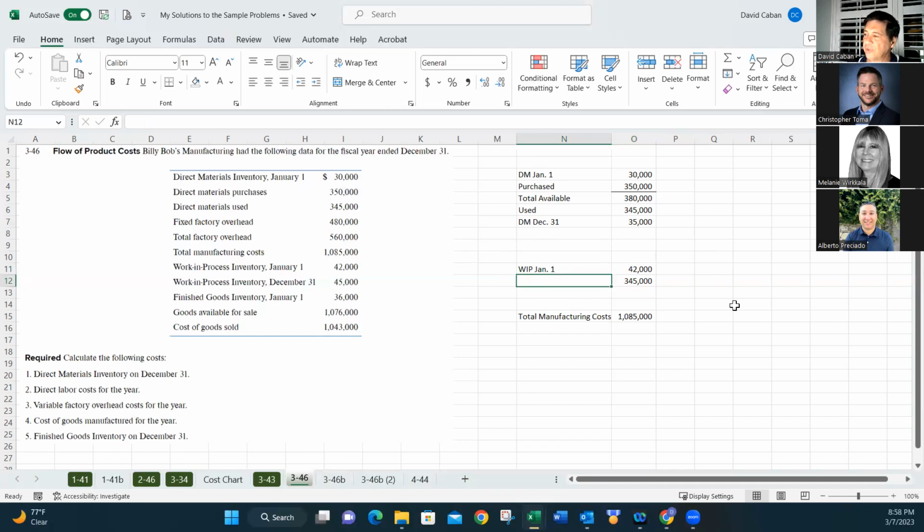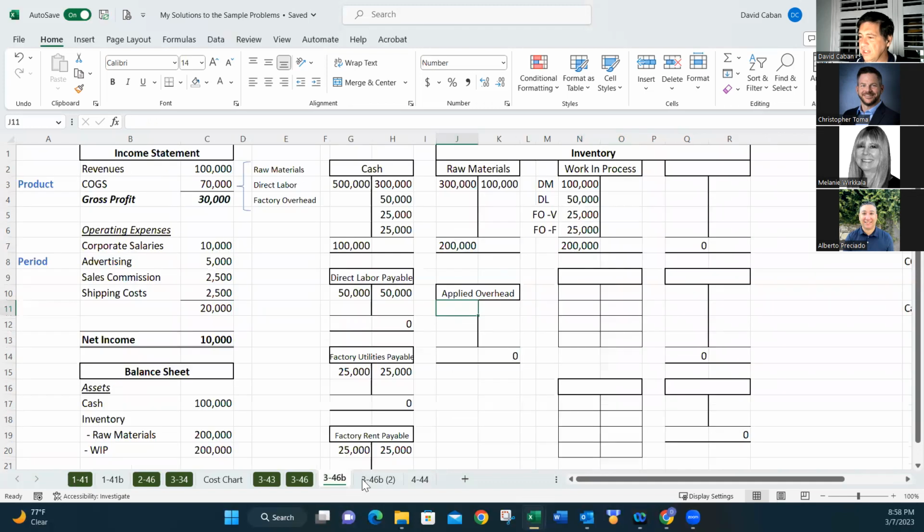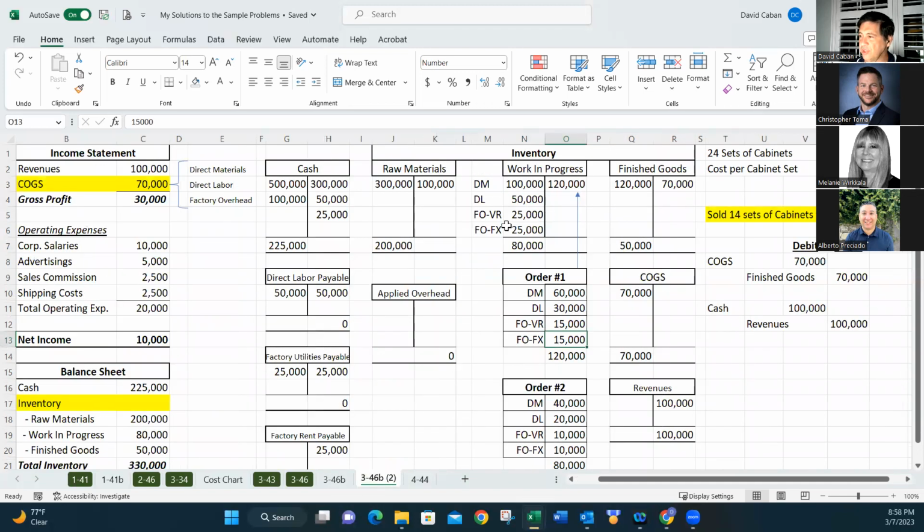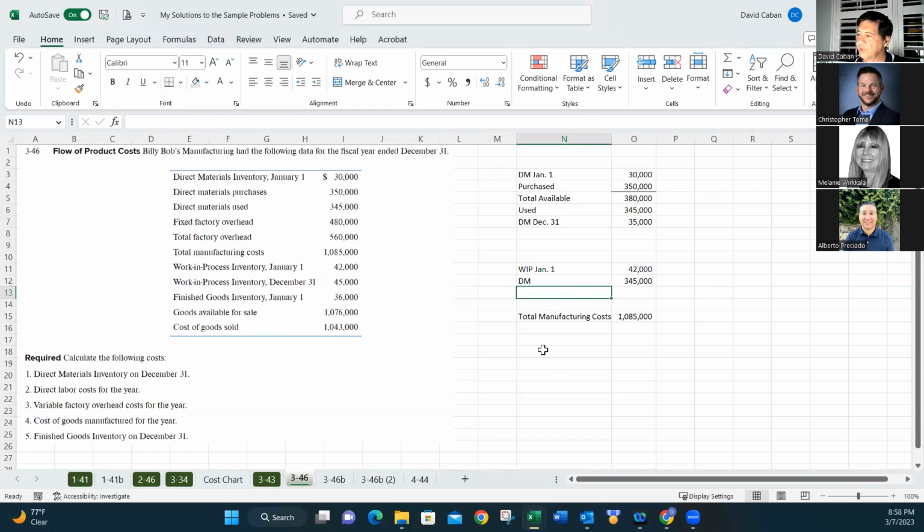That's the direct or raw materials, okay? Just like we did over here in this example, okay? We're pretty much just doing this over here. The bottom would be the 1,085,000, okay? And then it says that total factory overhead is the other one, right? Total factory overhead is 560. In this case, they just put it together, okay? Factory overhead.